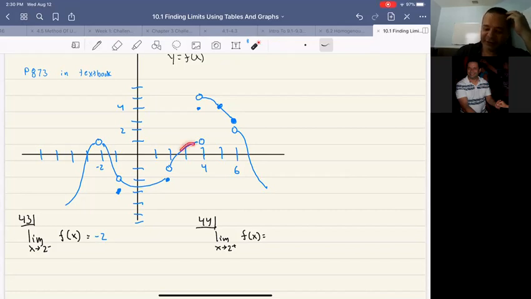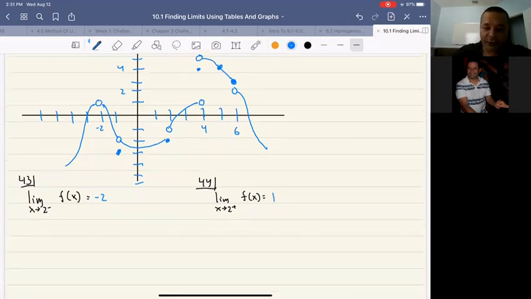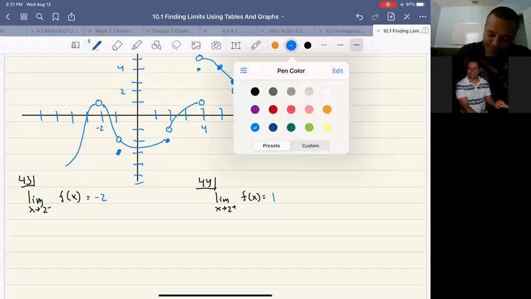As we're getting closer and closer to x equals 2 from this side, our f of x is actually getting closer to this point where the y value is 1. So in this case, the limits are not equal.